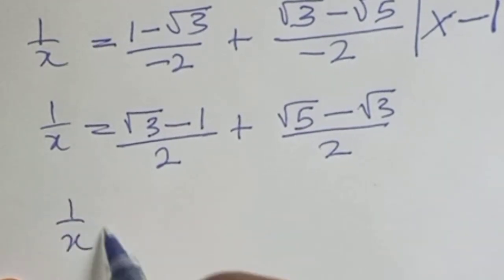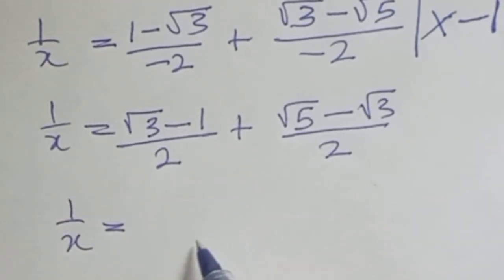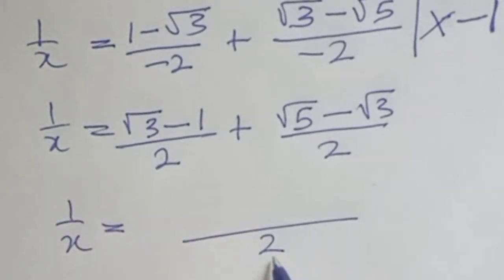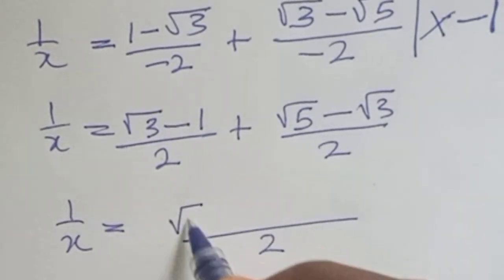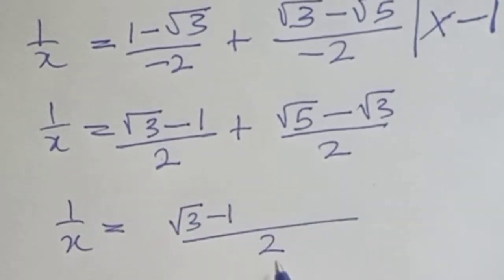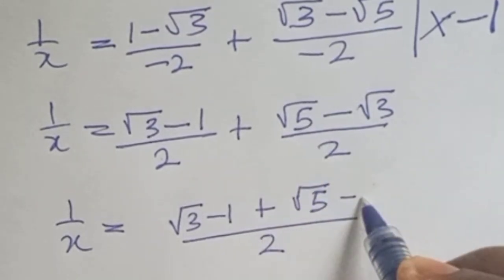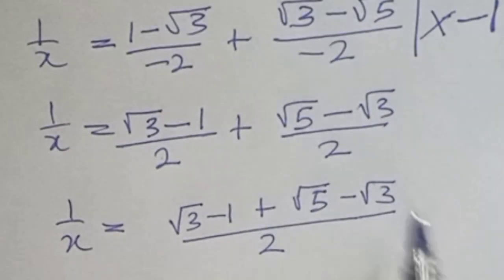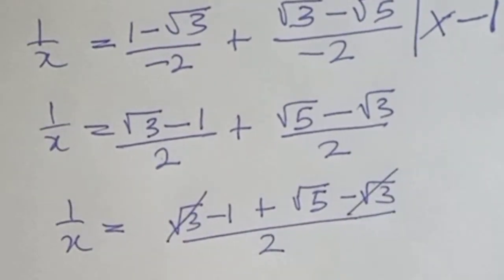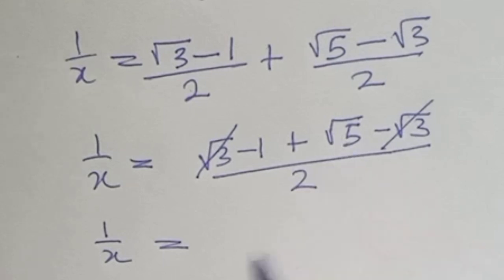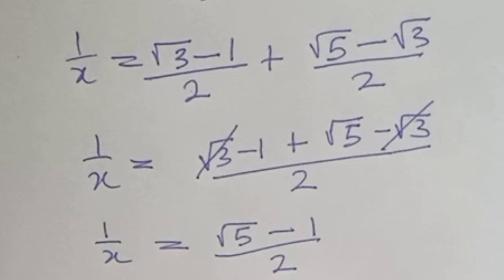And 1 over s in the next line will become, if we take the common LCM, which is 2, 2 divided by 2 is 1, times square root of 3 minus 1, and 2 divided by 2 is 1, times the whole of this, plus square root of 5 minus square root of 3. But here, square root of 3 can cancel minus square root of 3. So the next line, 1 over s will be equal to square root of 5 minus 1 over 2.